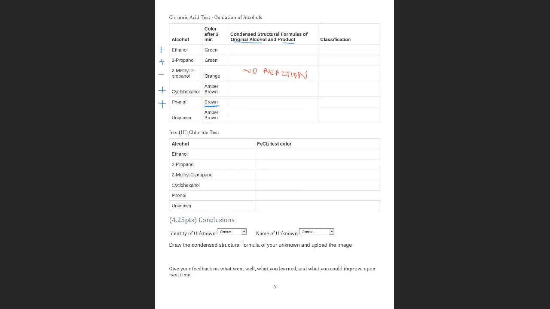But they are asking here to write the condensed structure formulas of the original alcohols and the product. So let me share the whiteboard to show you what a condensed structure formula is. Very good. When we have a structure formula, we use lines to show the bonds between the atoms.